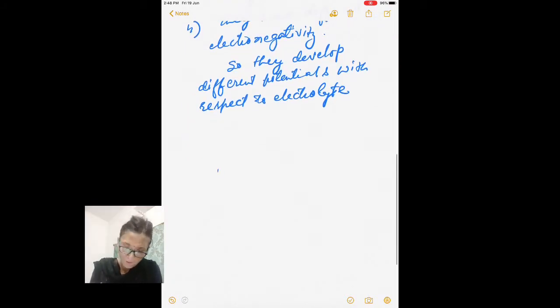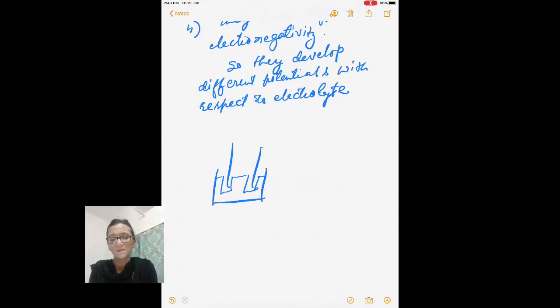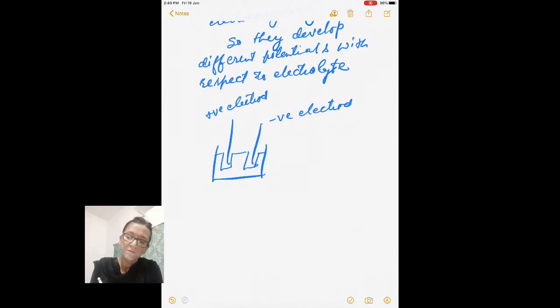Okay, so let me draw once again. We have an electrolyte, in which two rods are submerged. Suppose this is your positive electrode and this one is your negative electrode. It develops some potential, let it be plus V. This point P develops plus V potential with respect to a point in the electrolyte which is close to this electrode.